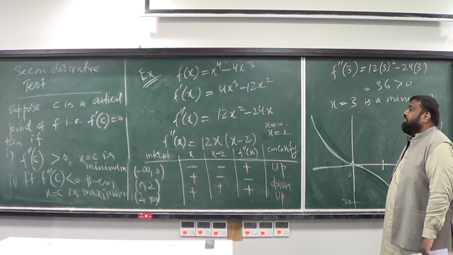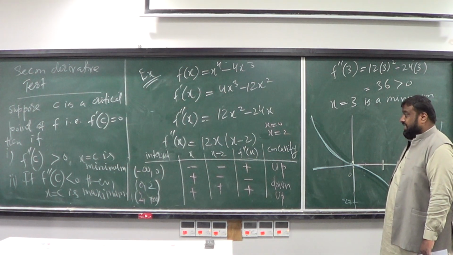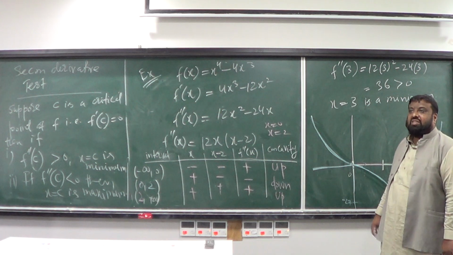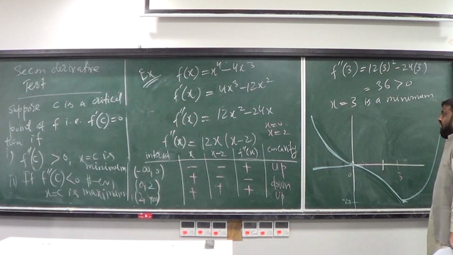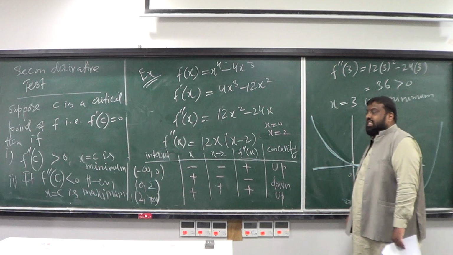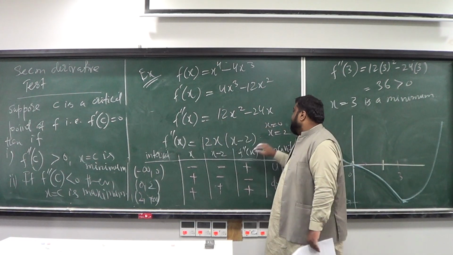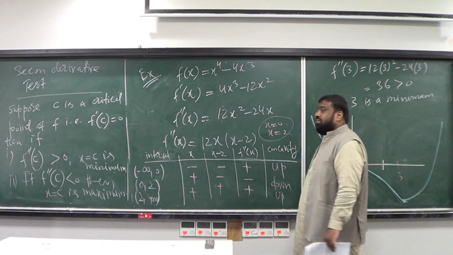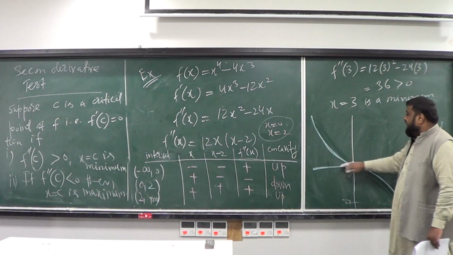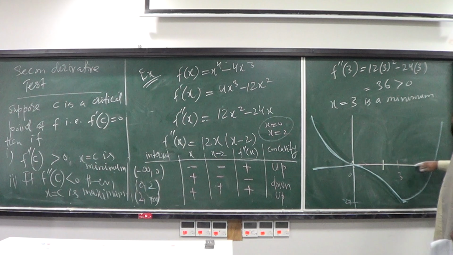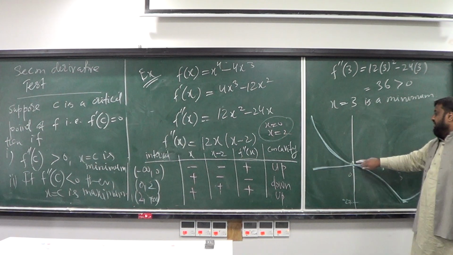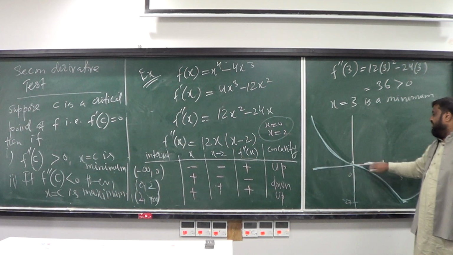If you want to sketch the curve using the concavity test, then what do you have to do? Calculate your second order derivative, equate it to 0 and find those zeros, and then split your x-axis into intervals.